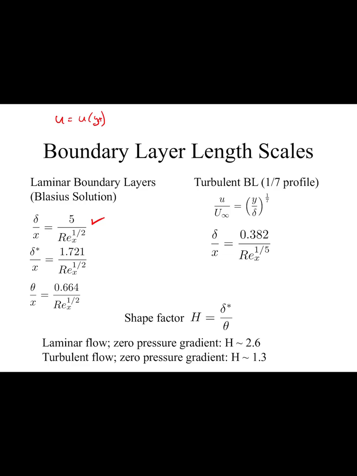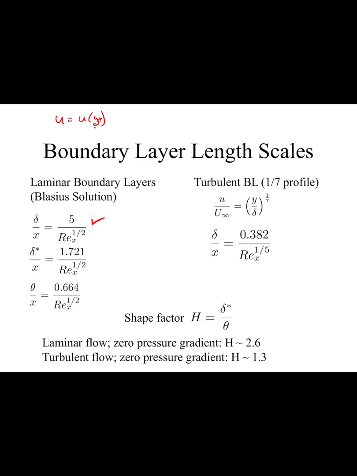We actually get a nice solution for delta here. But we can take this velocity profile from Blasius, plug it in, and actually integrate it and get a solution for delta star and theta.